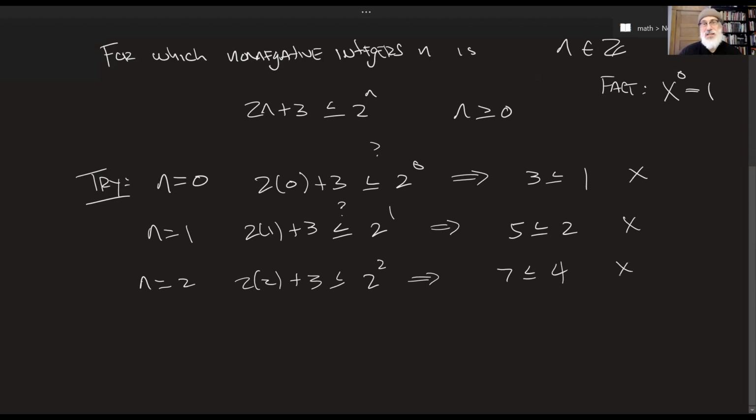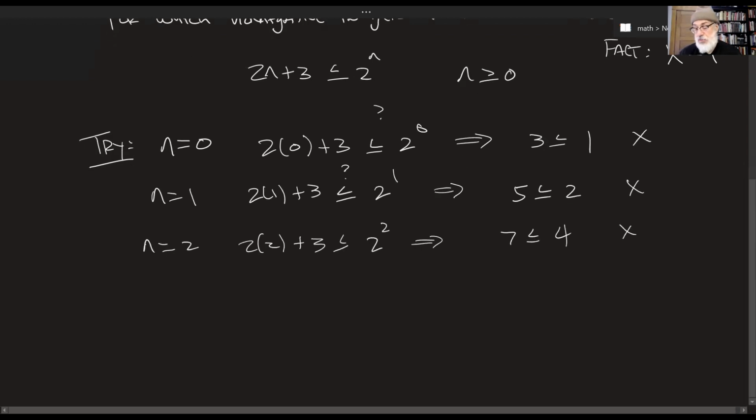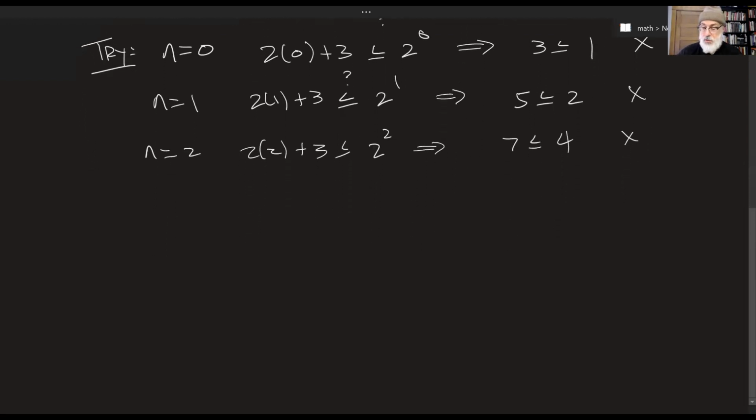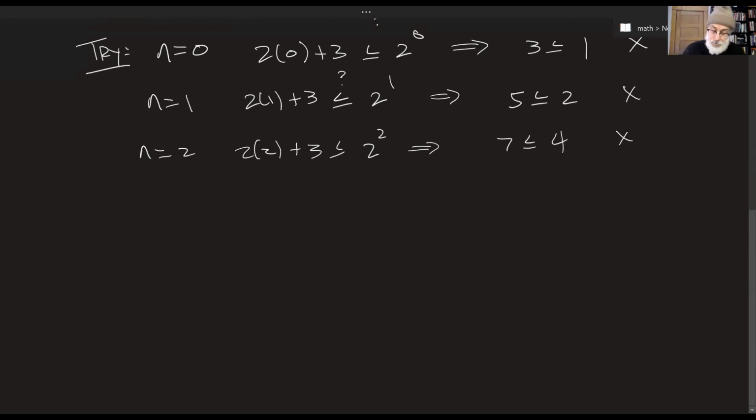And 7 is indeed not less than or equal to 4. So let's continue. Let's try n equals 3. So 2 times 3 plus 3 is less than or equal to 2 to the third. So we're saying here 6 plus 3, 9. Is that less than 8? Of course not. So that doesn't hold.